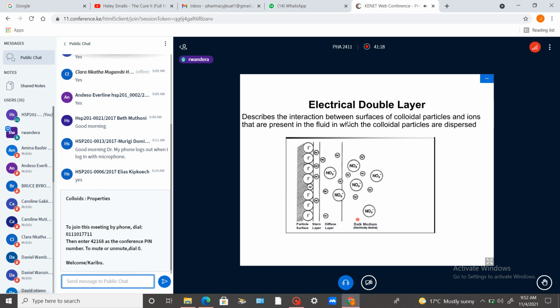And lastly, you have the bulk of the medium, which does not move with the particles. It's loosely bound to the negatively charged particles, but it has an equal proportion of both sodium and nitrate ions to balance the charge of your colloidal dispersion and therefore make it electrically neutral.